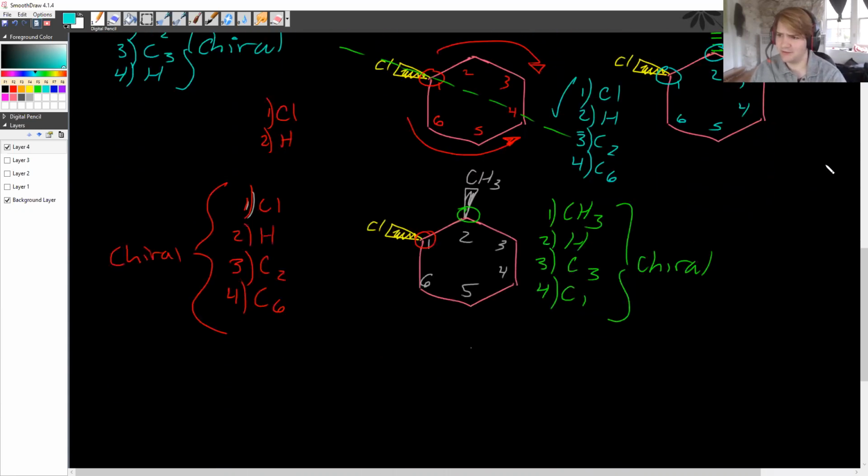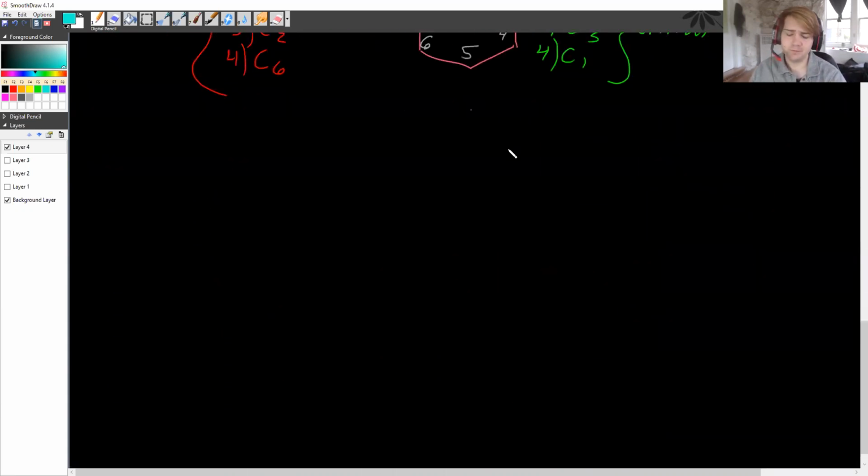I don't believe MCP has to do that. If you look in the Google Drive, there's tons of practice on how to do it. Go look up cholesterol and try to figure out how many chiral centers are in there, or amoxicillin or heroin. There's tons of different stuff like that.